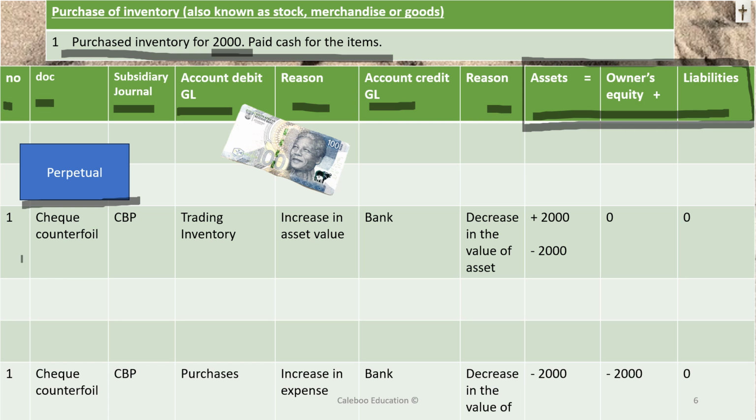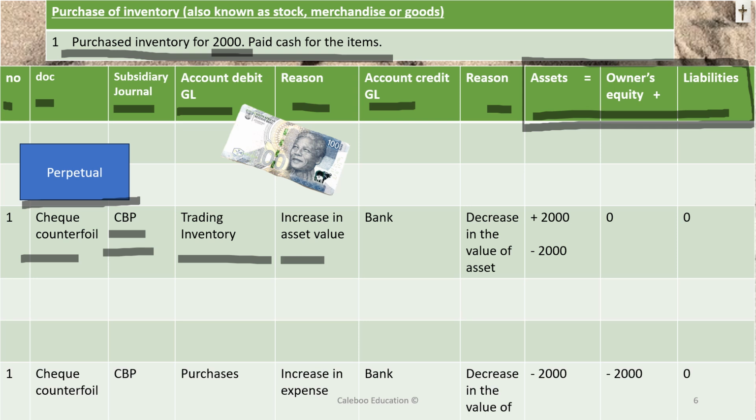Okay, the document: we paid by check. The document we use to record this transaction is the check counterfoil. Where does this get recorded? CBP stands for cash book payments. You might call it cash payments journal. The account that was debited, as we saw previously, was the trading inventory account.